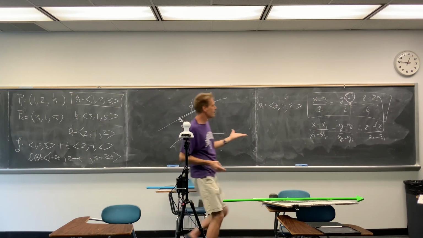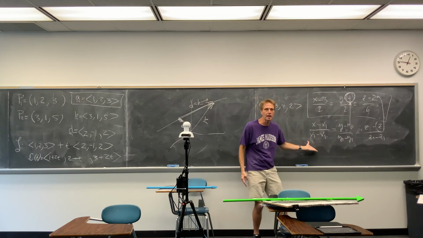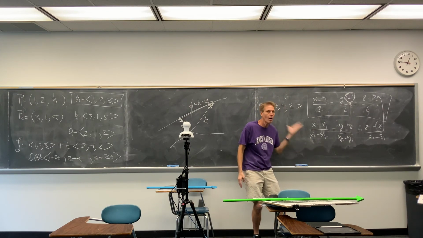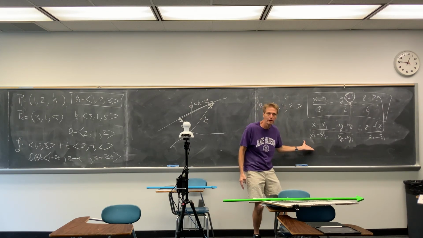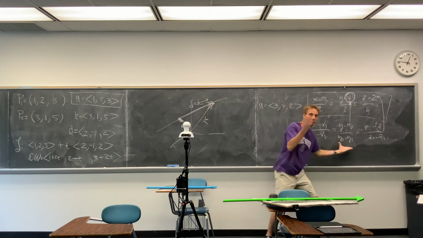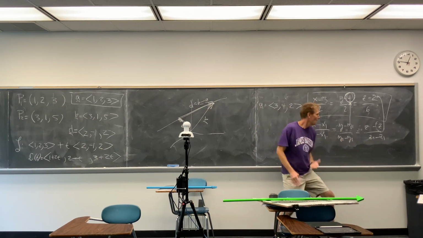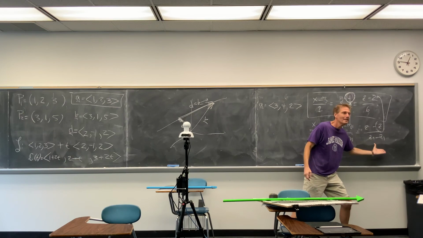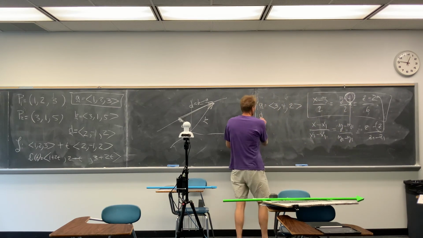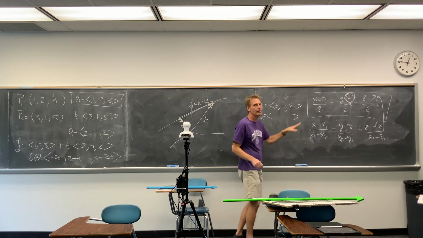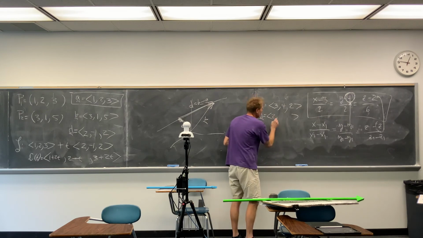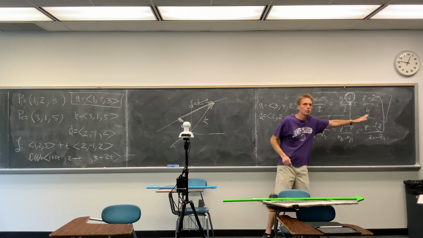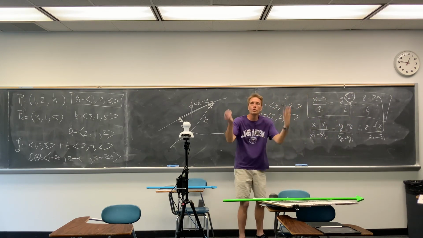But look at the bottom of the formula. How sweet is this? What do you have in the denominator? x2 minus x1, y2 minus y1, and z2 minus z1. So if you want the direction vector, you just look at the denominator and you go, oh, the direction vector is 2, 2, 6.